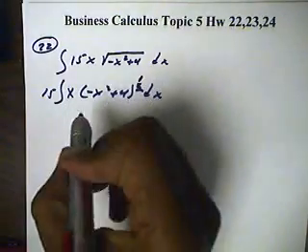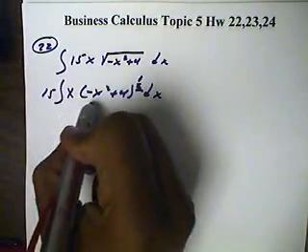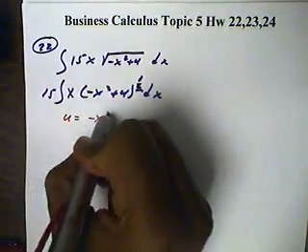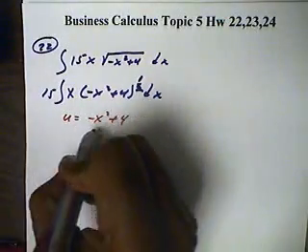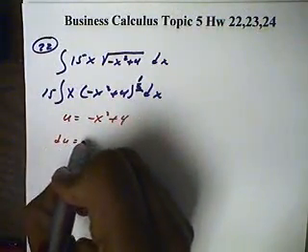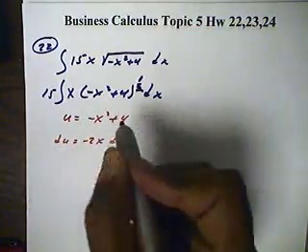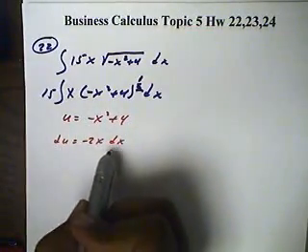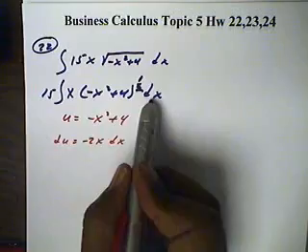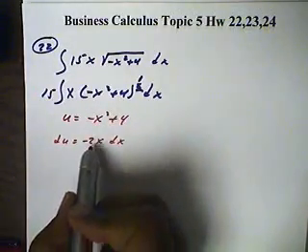Next, I'm going to make a substitution of this negative x squared plus 4 into u. That means du is going to equal negative 2x times dx. Now, what's missing here? We have a dx and an x, but we don't have the negative 2.